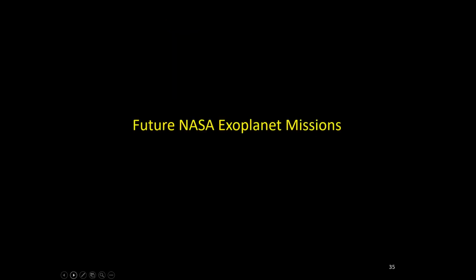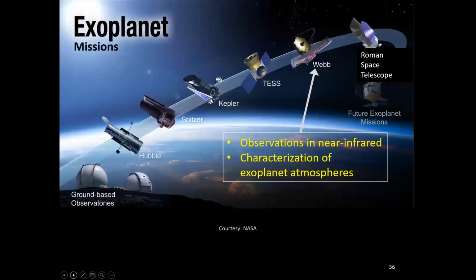So where's NASA going with their future exoplanet missions? Next. Well, the one you've heard about so much in the news lately is James Webb. As it's just starting its science mission, it is now going to be taking observations in the near infrared.